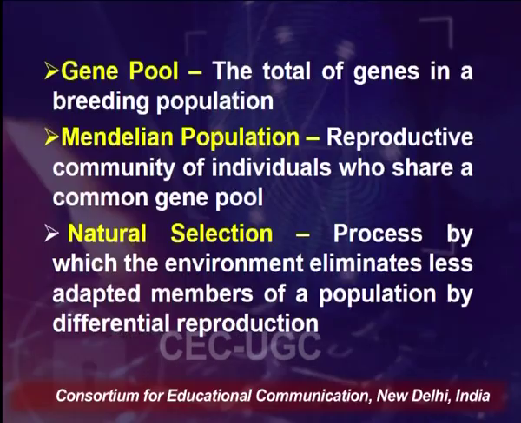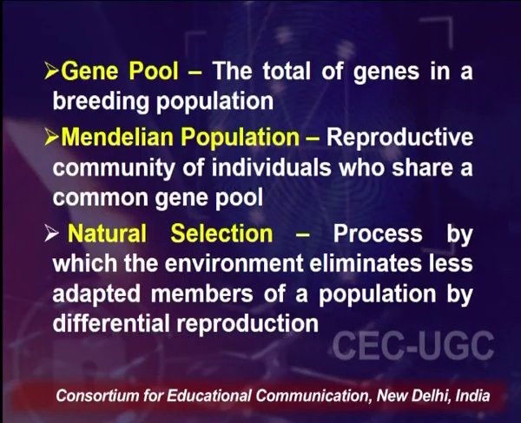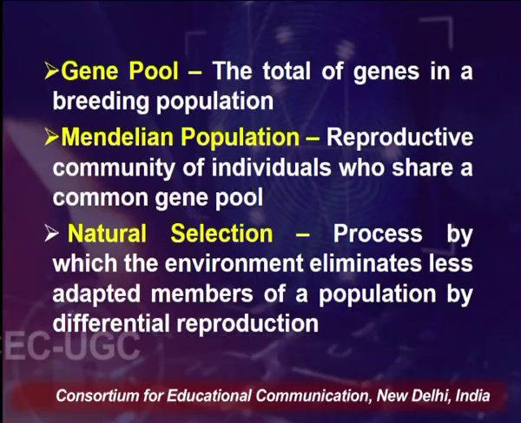When we talk about all these things, there are certain terms: the gene pool and the Mendelian population. Gene pool is the total of genes which occur in a breeding population. We call it the Mendelian population because the term came from Mendelian genetics. The scientist Mendel defined the laws of heredity, how genes are transferred from one generation to another.